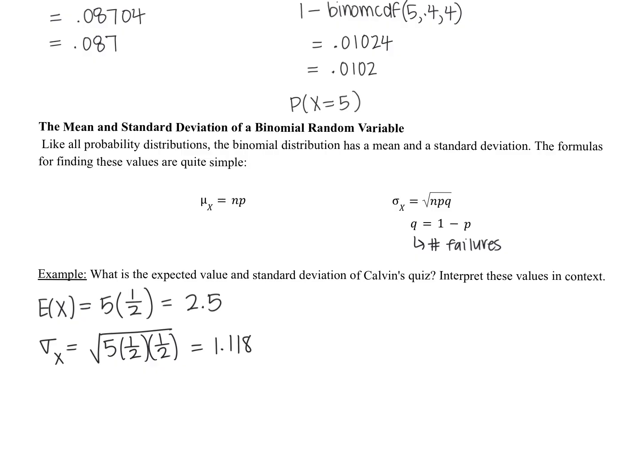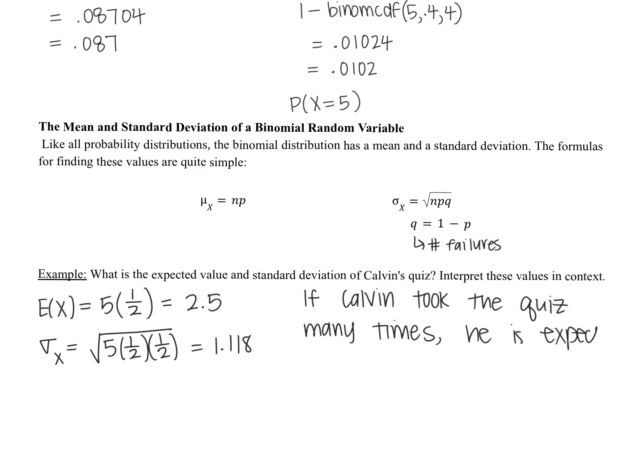And that gives us 1.118. So if I'm interpreting this, we can say if Calvin took the quiz many times, he is expected to get 2.5 questions correct.